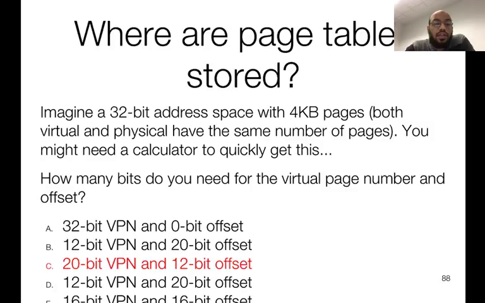That is 32 bits. Okay, so 4 KB is 2 to the power 12, and your number of pages is 2 to the power of 20.